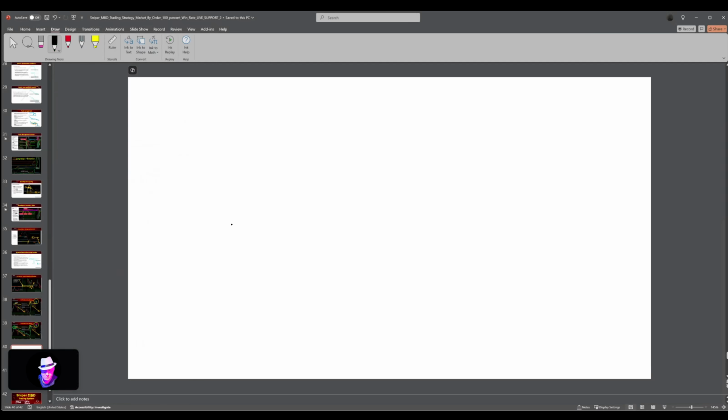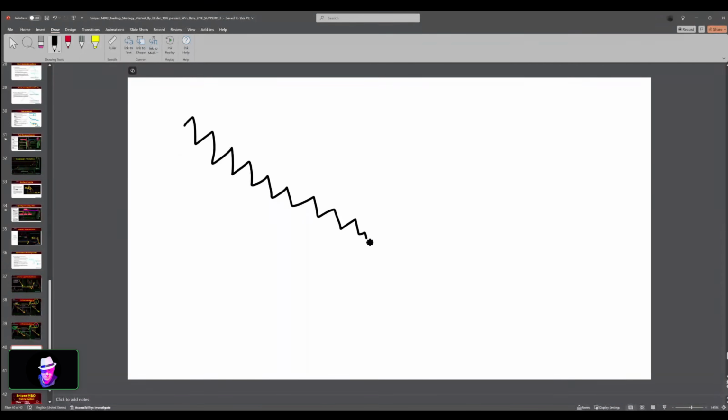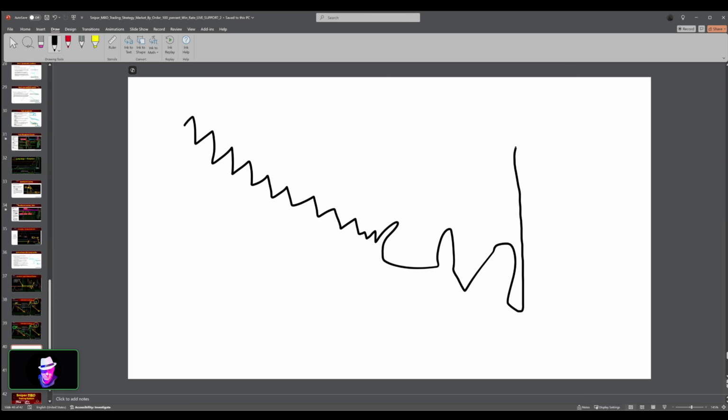Okay, when price is going, do you guys see my slide? Yeah, we see it. And then when you're seeing something like this, it can be more irregular or whatever, and then it goes in the opposite direction on a very strong candle.